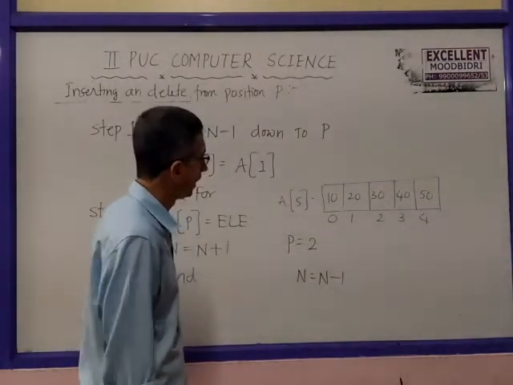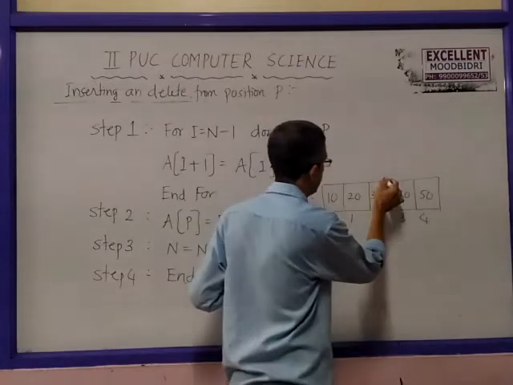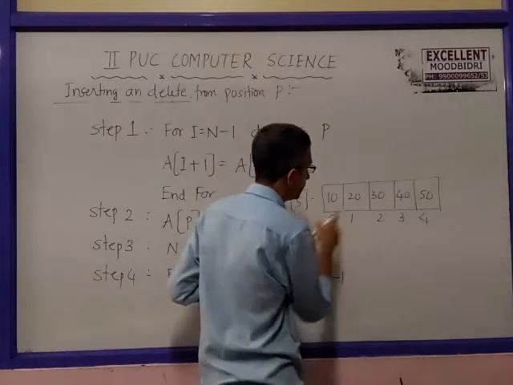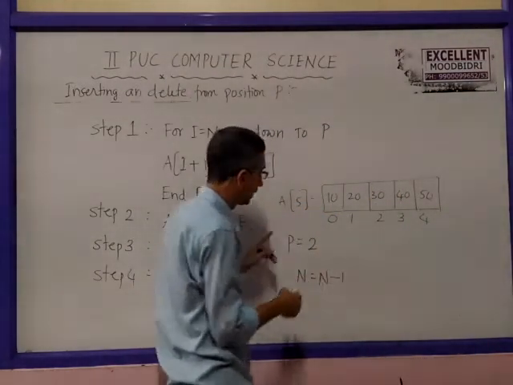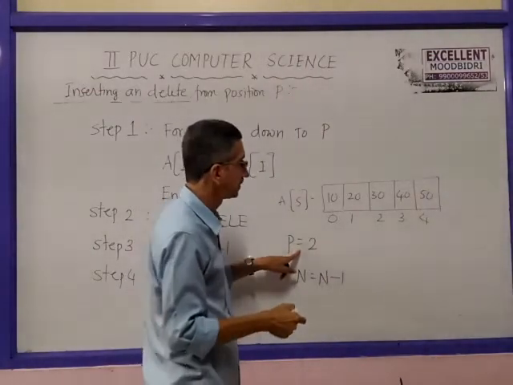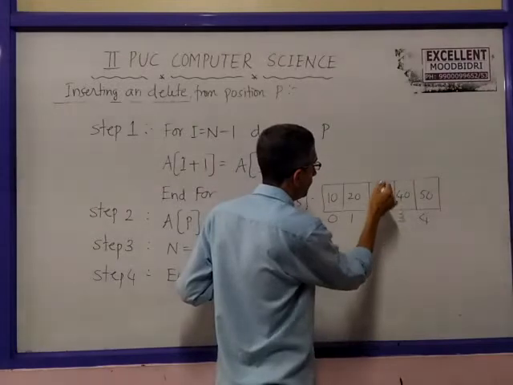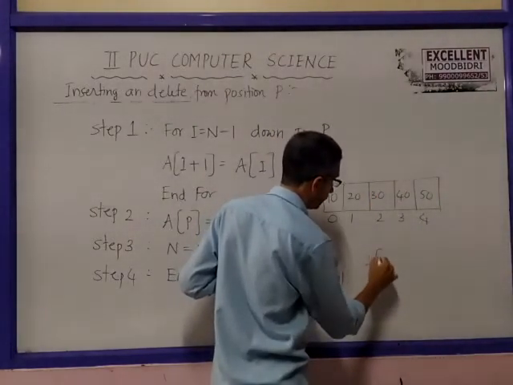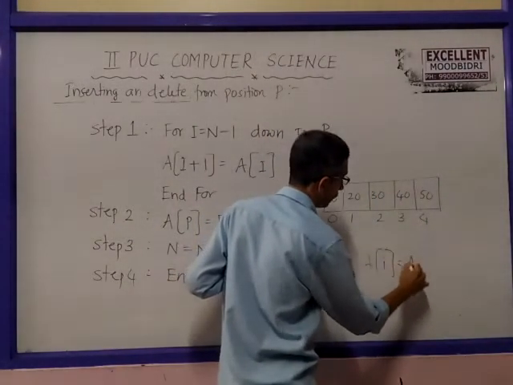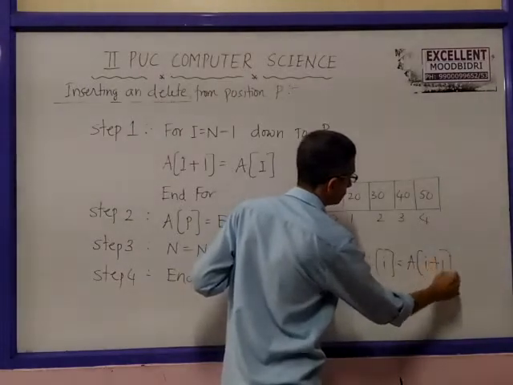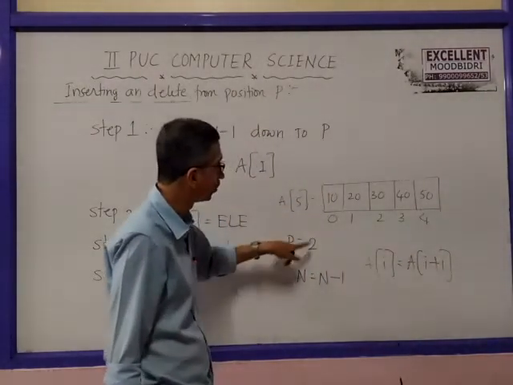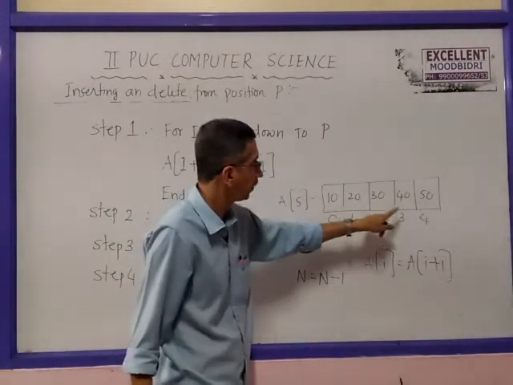So I will write the algorithm. Shifting happens like this. Given position 2, starting from the index 2, this has to be deleted. So you write A of i is equal to A of i plus 1, A of 2 is equal to A of 2 plus 1.